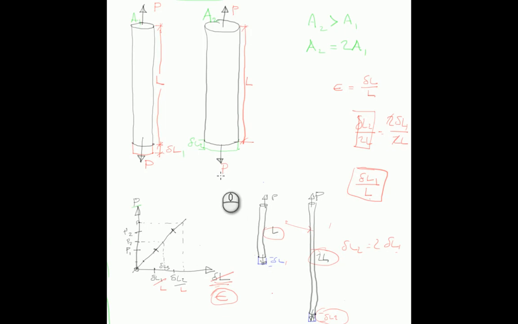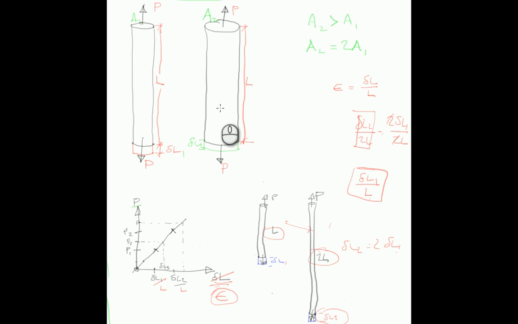So we find, if we do the experiments, and you will do the experiments in the labs, that those changes in length are different for a different area, and that is proportional, or in other words, as we described before, the relationship between those two is linear. So if we double the area, we will halve the strain under the same load, with all of the conditions remaining the same: same material, same temperatures, etc.